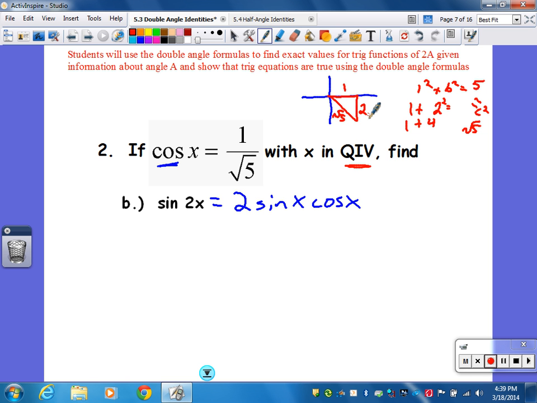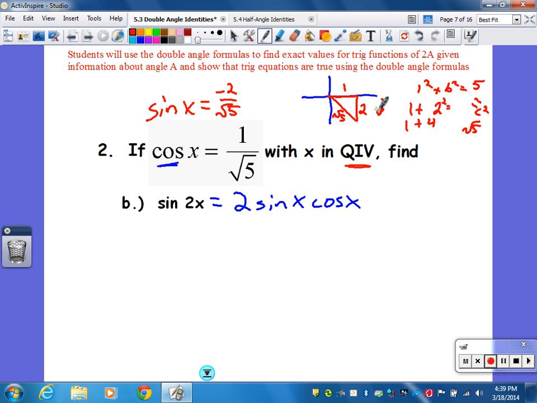Now we have our opposite side, so I'm going to write sine of x is equal to negative 2 over the square root of 5, because we're going down.